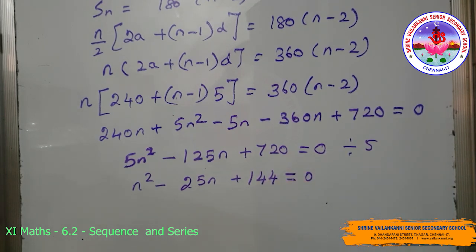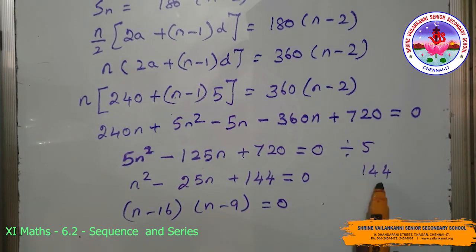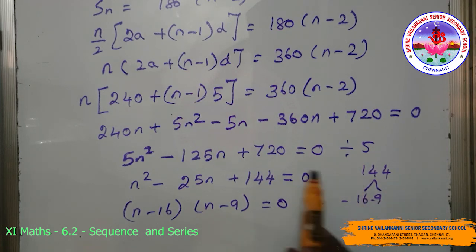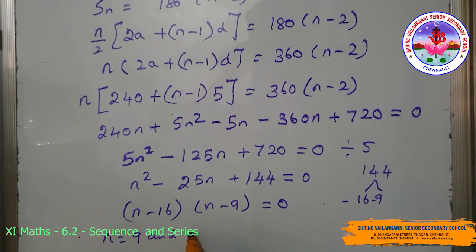So factorizing this, so product is 144, 16 into 9 is 144, so minus 16 and minus 9. So when we add, we get minus 25. When we multiply, we get the product 144. So n minus 16 and n minus 9 equal to 0. So n equal to 9 and 16.